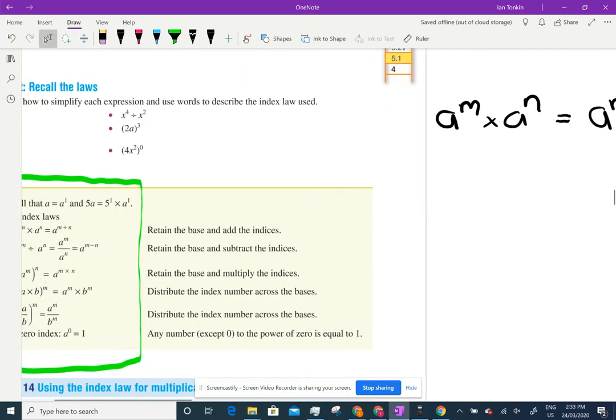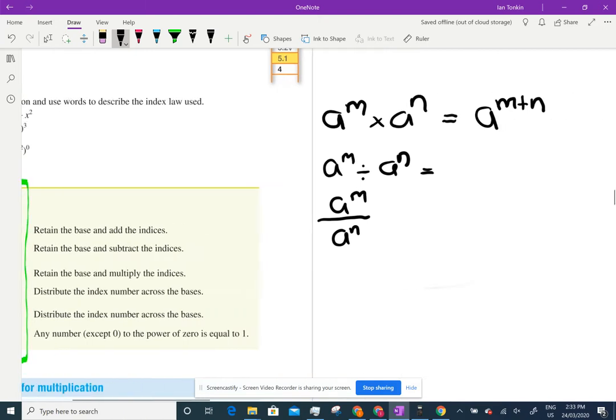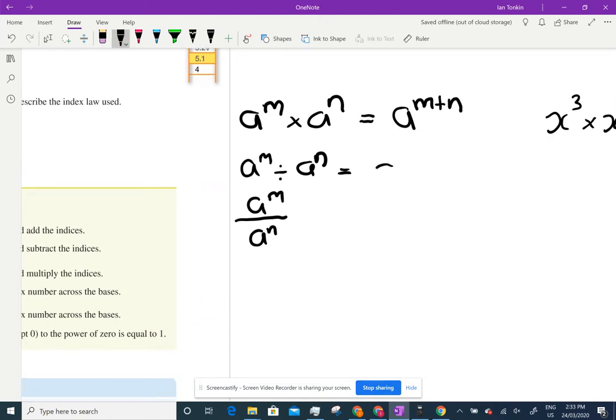Now, by the same token, we can take a to the m divided by a to the n, which, by the way, is the same as a to the m over a to the n. And what we can do there, by the same process, is subtract them.